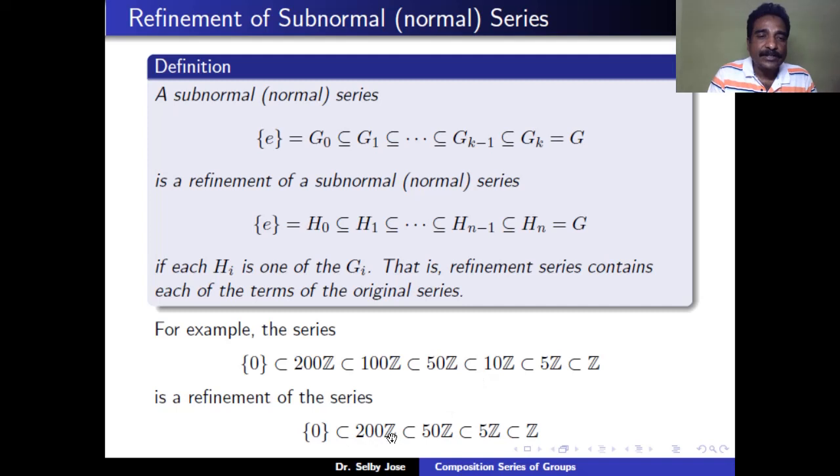And 200Z is there in both the series, 50Z is there in both the series, and 5Z is also there in both the series. Therefore, 0, 200Z, 100Z, 50Z, 10Z, 5Z, contained in Z, is a refinement of the series 0 contained in 200Z contained in 50Z contained in 5Z contained in Z.